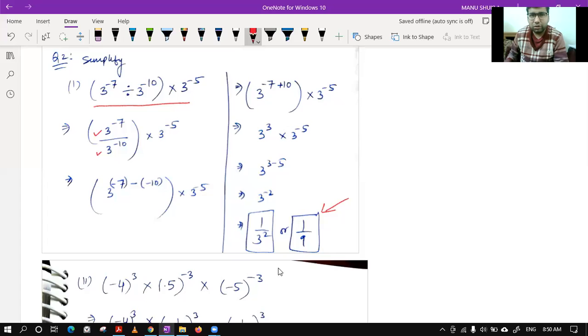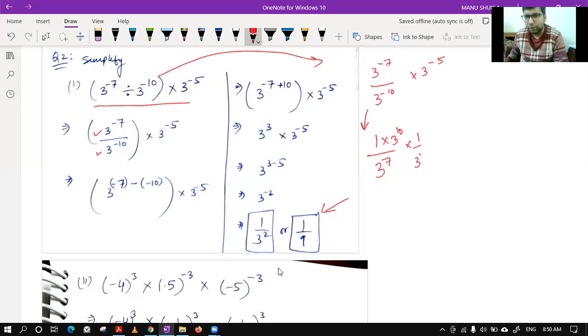So you can have gone this way also. You could have said that 3 power minus 7 upon 3 power minus 10 we are having multiplied with 3 power minus 5. We can write everything in positives like this. It becomes 1 upon 3 power 7 into 3 power 10 into 1 upon 3 power 5. That is also the same thing.